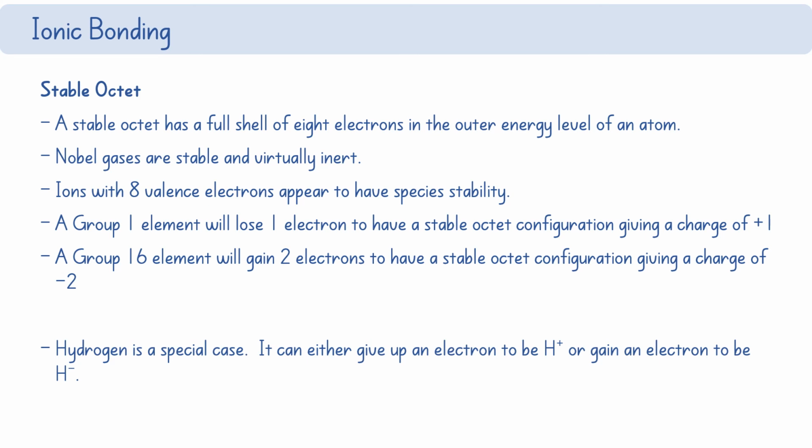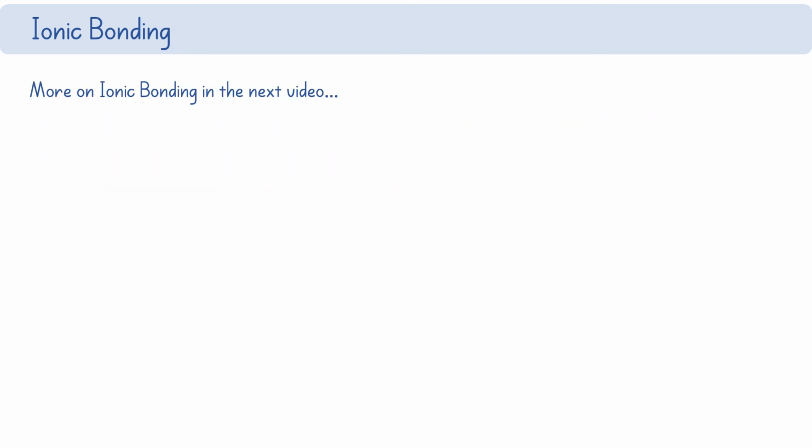Hydrogen is a special case. It can either give up an electron to be an H+, or gain an electron to be an H-. More on ionic bonding in the next video.